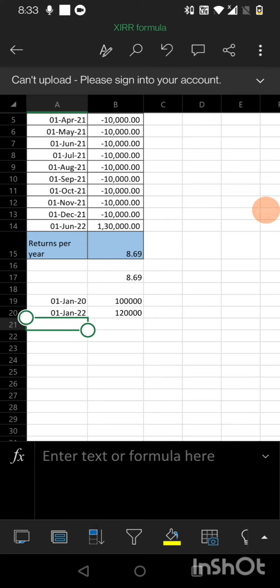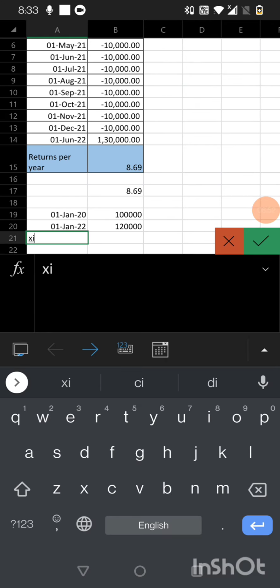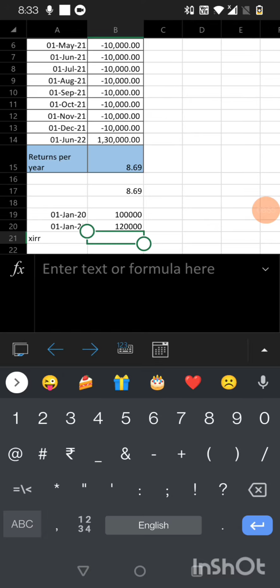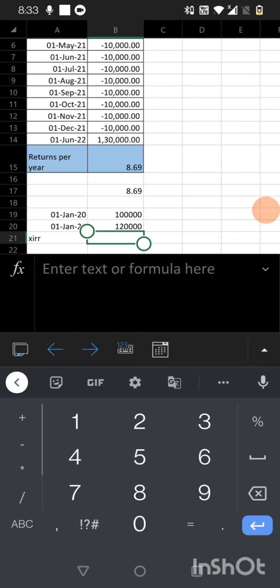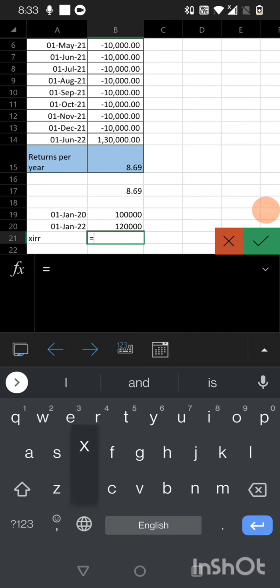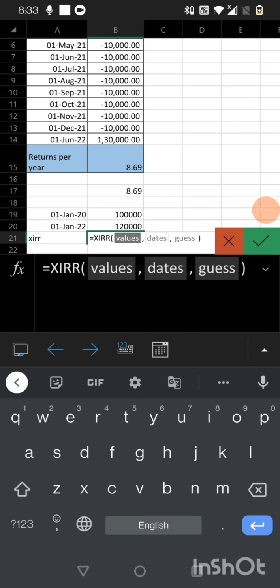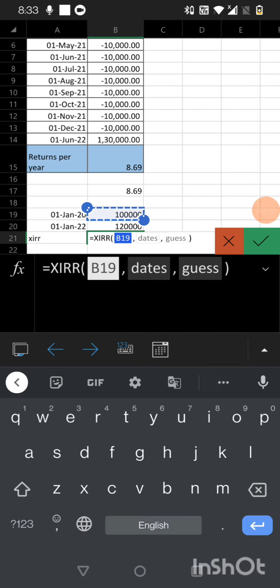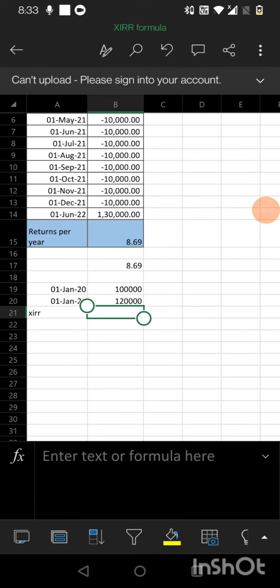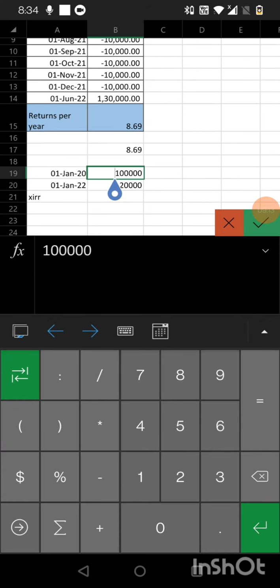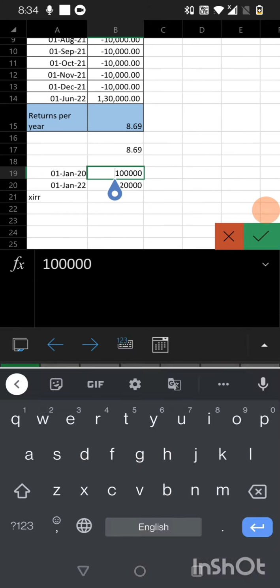So now I will check the XIRR value here. Once again, the same formula you can apply here. You need to apply is equal to XIRR, then the values first. Sorry, there is a mistake in the values. What is that mistake? When you invest something, you need to always mention minus.